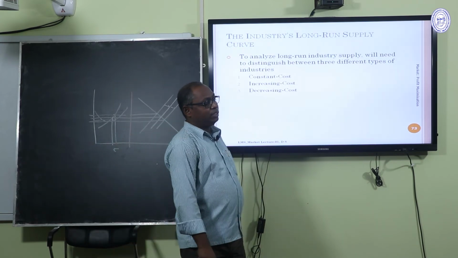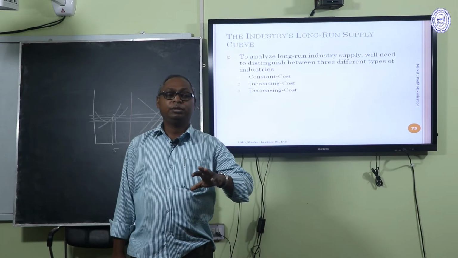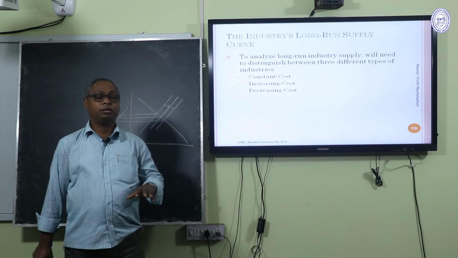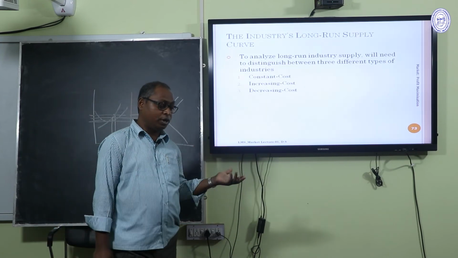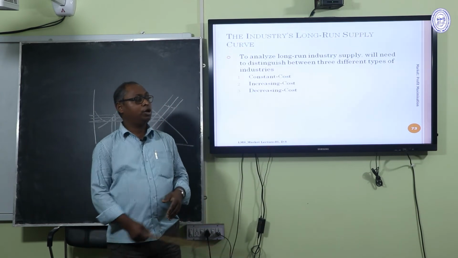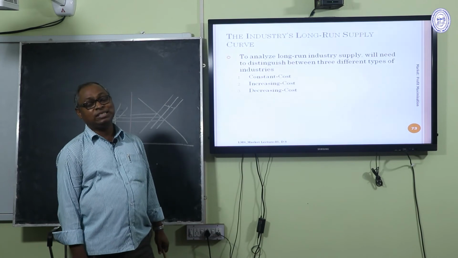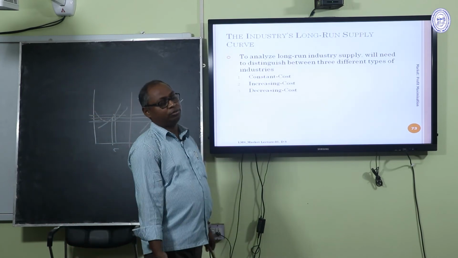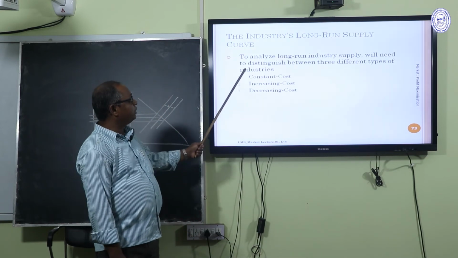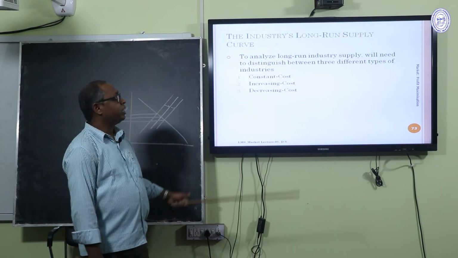So with an increase in the number of firms in the industry, there may be economies of scale, and this may be positive or negative. On the basis of the effect that actually happens from exit or entry of other firms, we have segregated the long run supply curve of the industry into three parts.